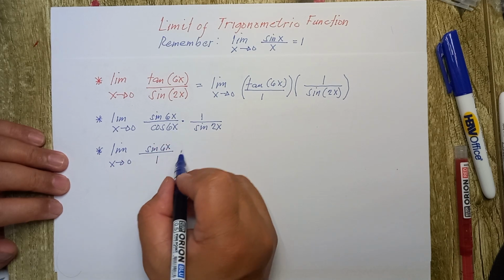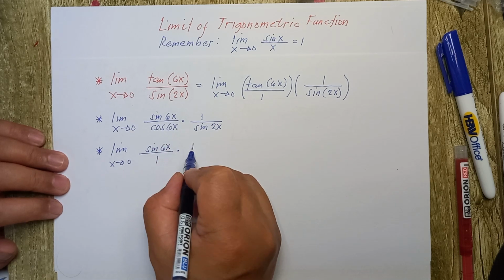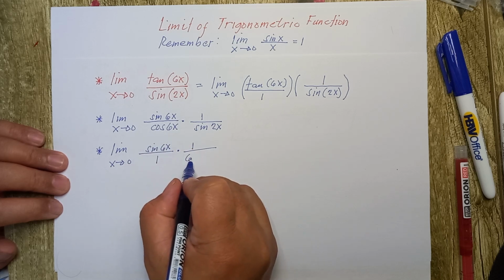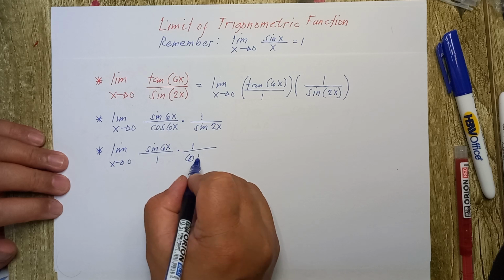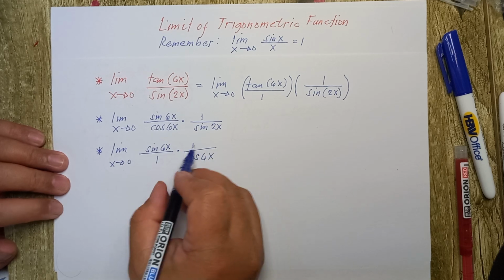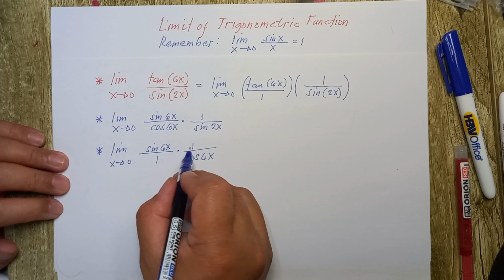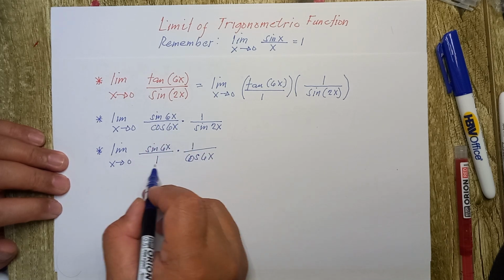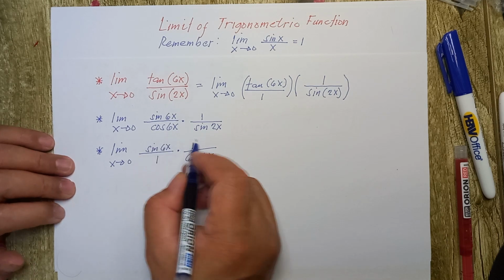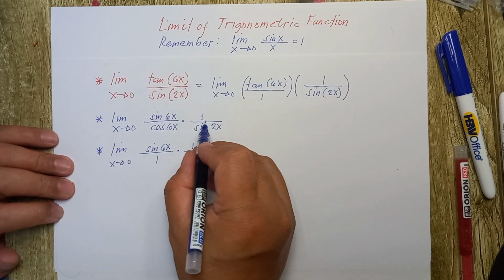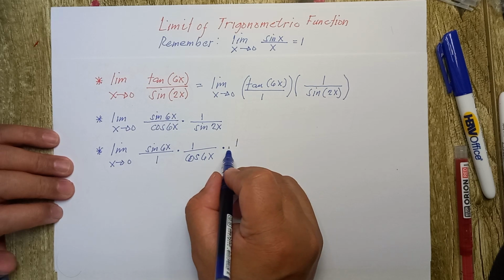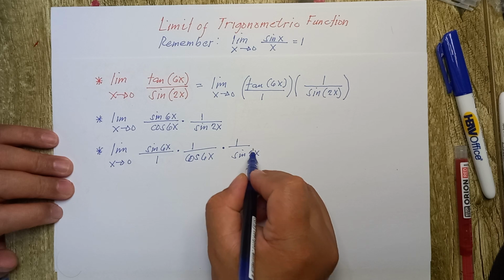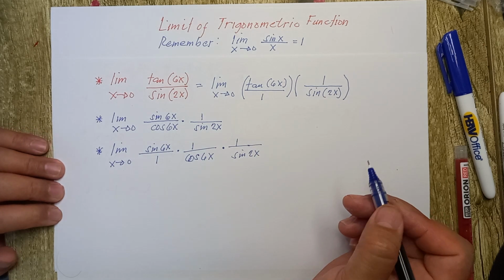What about the other factor? That is the same as 1 over cosine 6x. So that when we multiply it back, it will give you just the same sine 6x, and multiplying this back gives cosine 6x. Definitely, that is multiplied by 1 over sine 2x. And so that is how to do them.